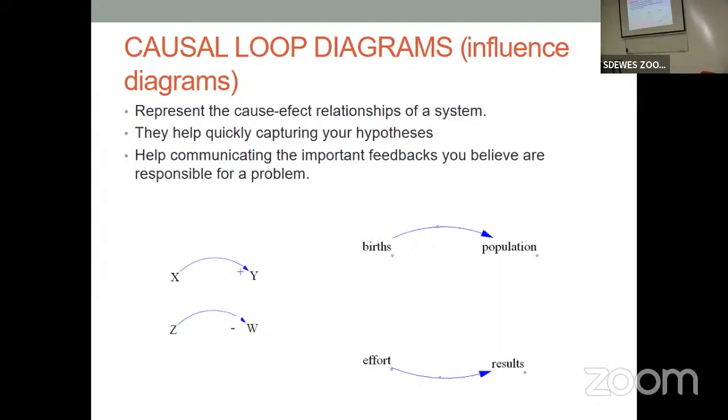When the influence is positive, it means that an increase of the X variable will imply an increase of the Y variable. Just increase implies increase. We don't know if the increase will be linear, non-linear, or whatever. Just a qualitative relation.